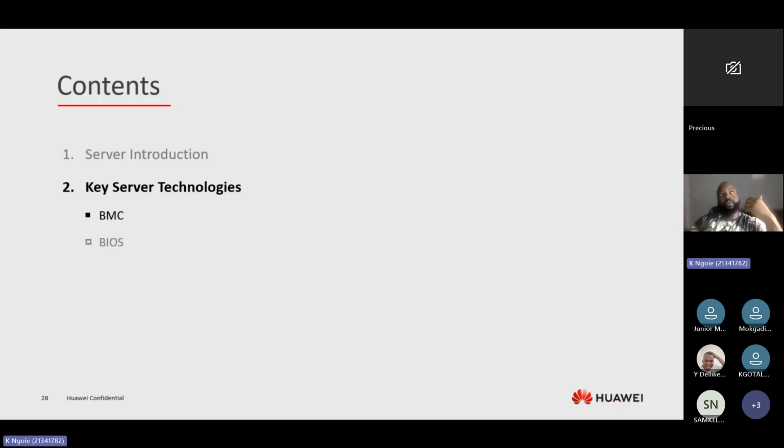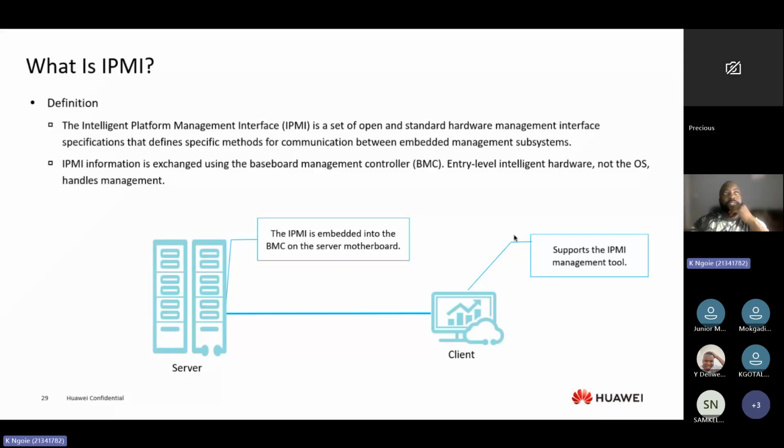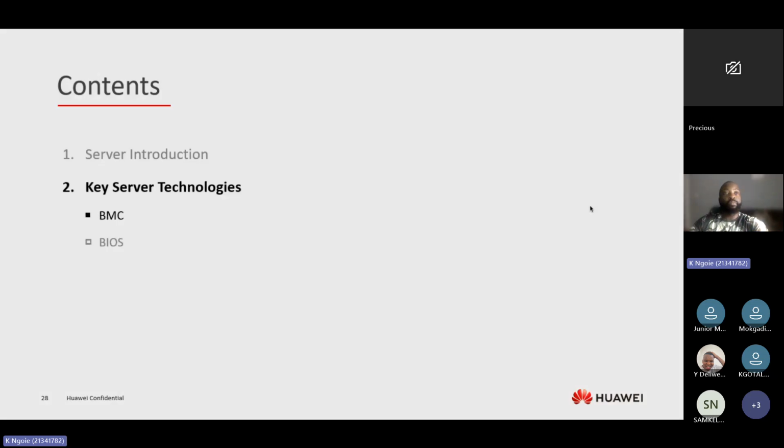All right, so the next one will be the key technologies. We have the BMC and the BIOS. So these are the two technologies that we can find in servers.